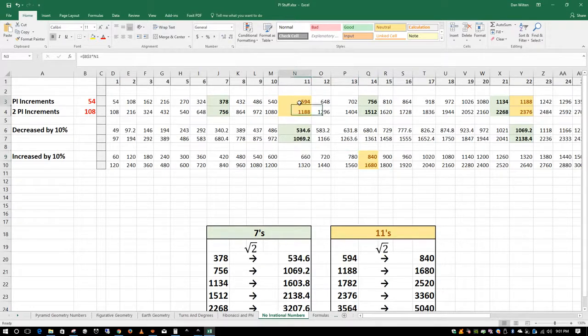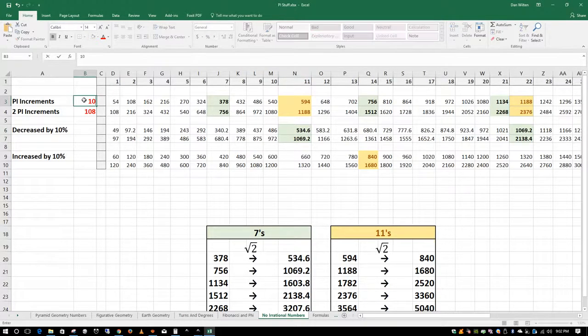So if you want the square root of 2 for your 7, then you decrease all of your numbers by 10%. And then you take a look at the value that's the 11, and that is your square root of 2 value. So you can see I've got them highlighted every time.